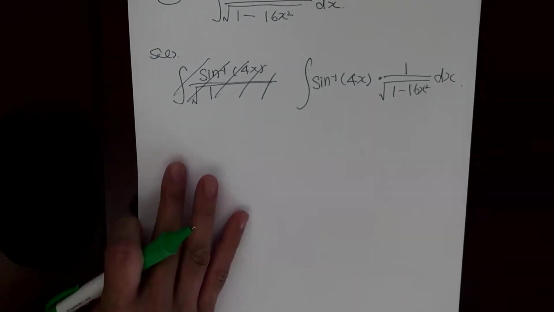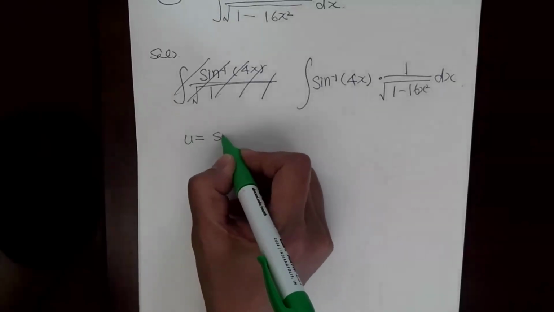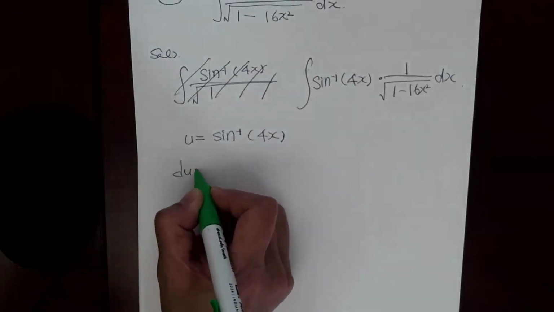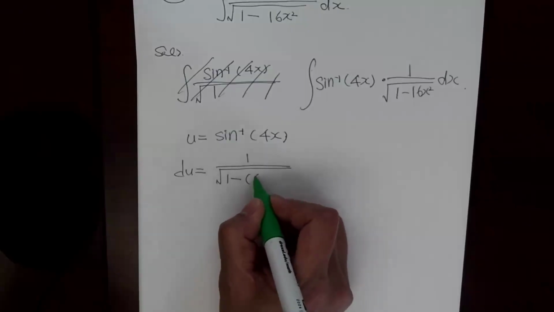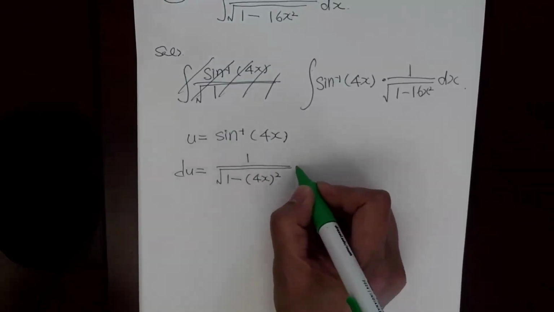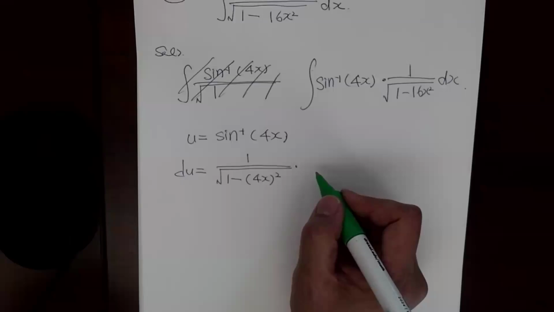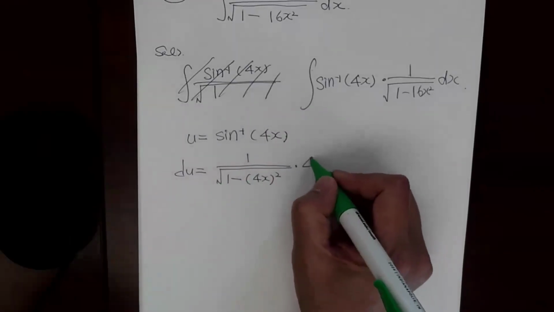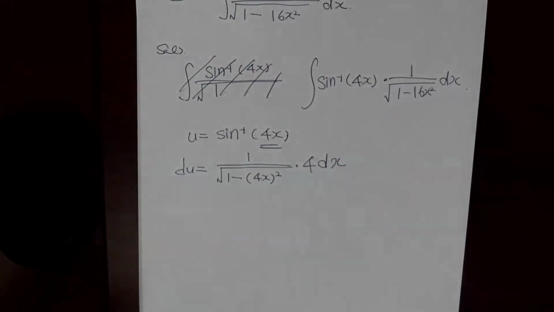Obviously, we have to put u equals sine inverse of 4x. Then du equals 1 over square root of 1 minus 16x squared times, what is the chain rule? When we apply the chain rule, we have 4 dx.